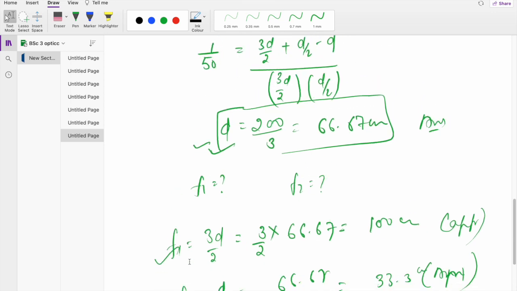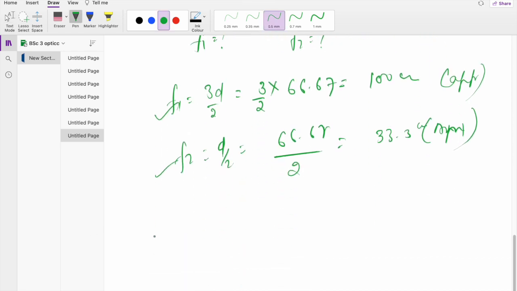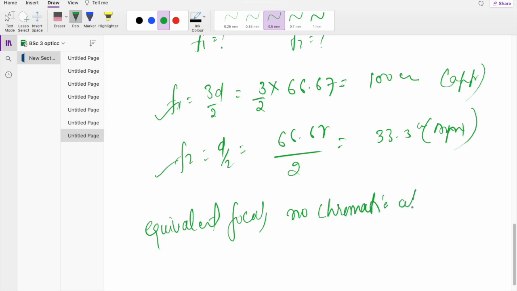This is how we calculate d, f1 and f2 with the help of the equivalent focal length, the condition for no chromatic aberration, and the condition for minimum spherical aberration.